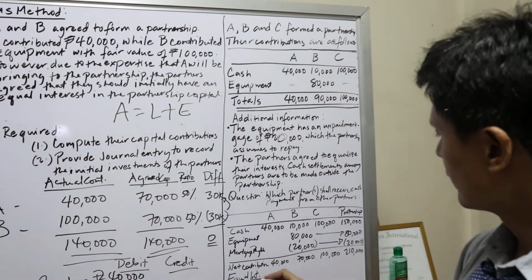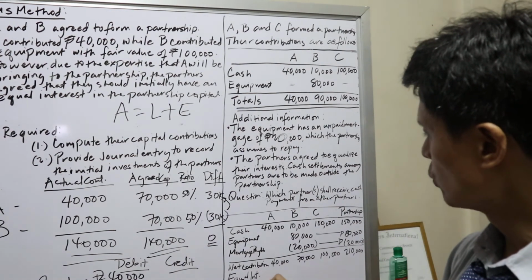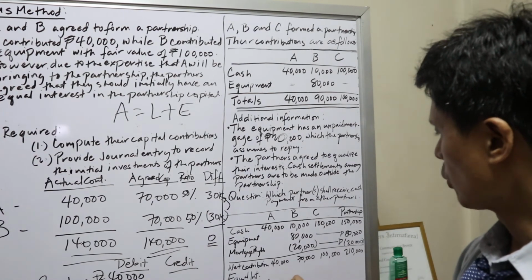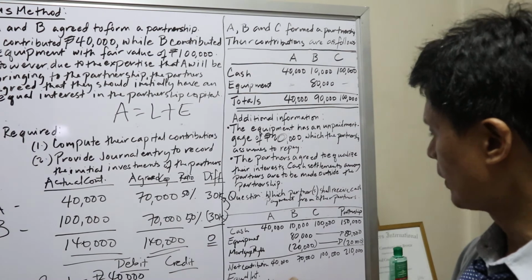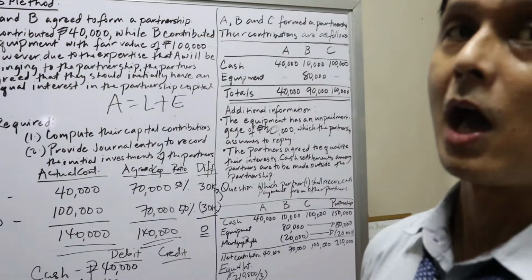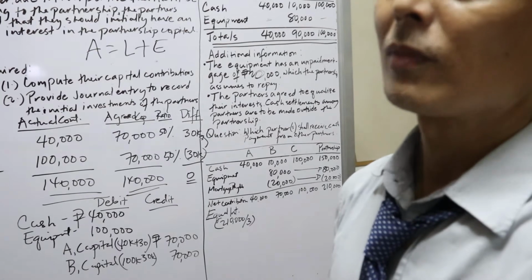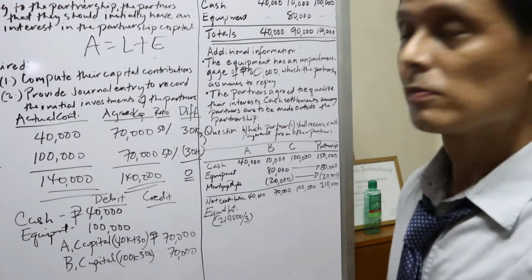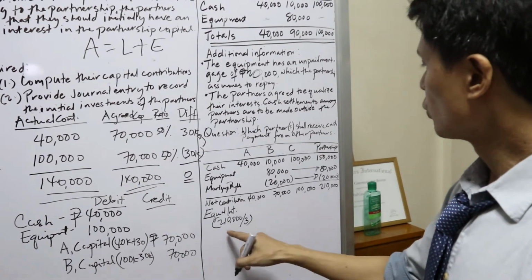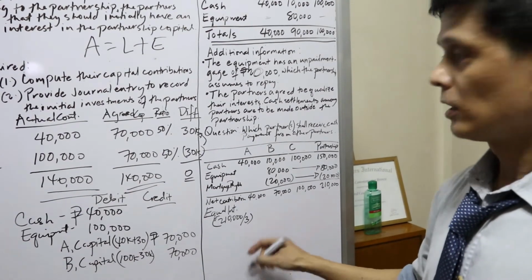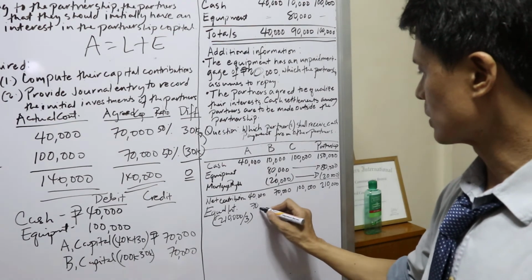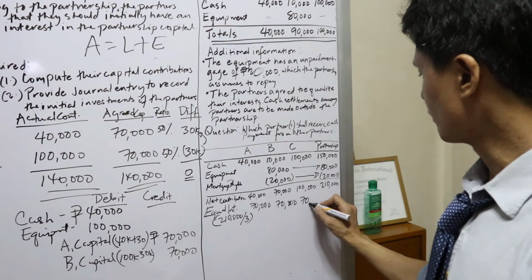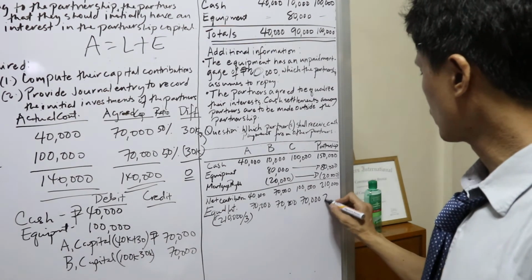So 210,000, yung total nung contribution, divide this by 3. So that would be 70,000, 70,000, and 70,000 kay A, B, and C for a total of 210,000.